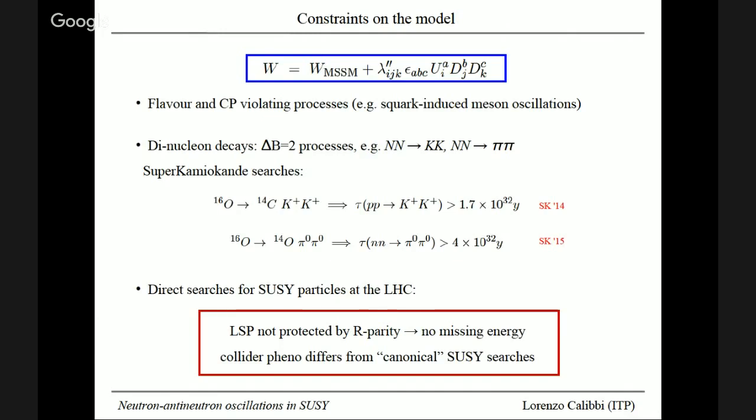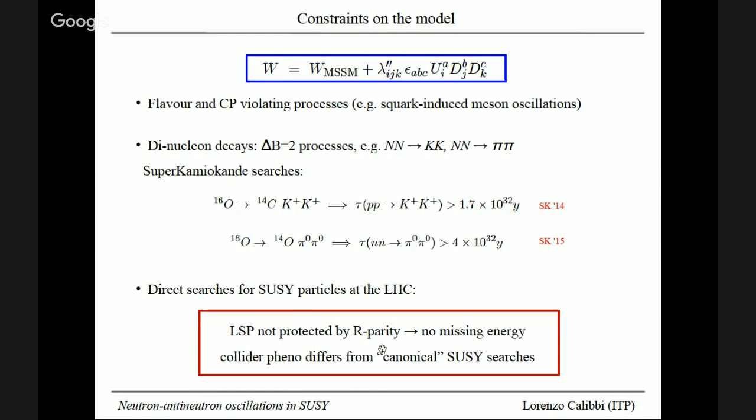And then, of course, we are dealing with a supersymmetric setup. So we have these new supersymmetric particles, squarks, gluinos. So we will have to take into account constraints coming from direct searches for the production of these new particles at the LHC.